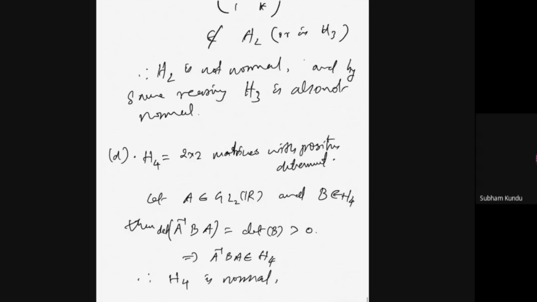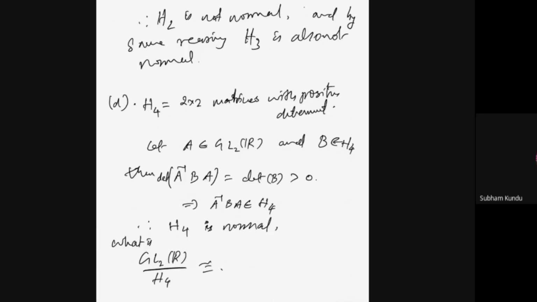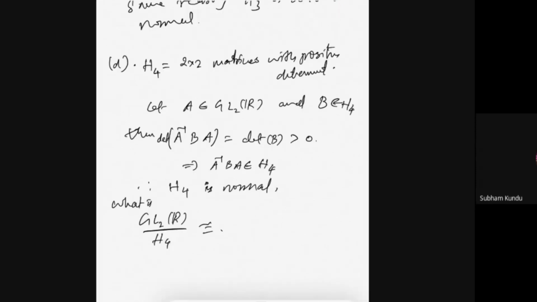Now the question is, how do you identify the group GL2R by H4? What is it isomorphic to?